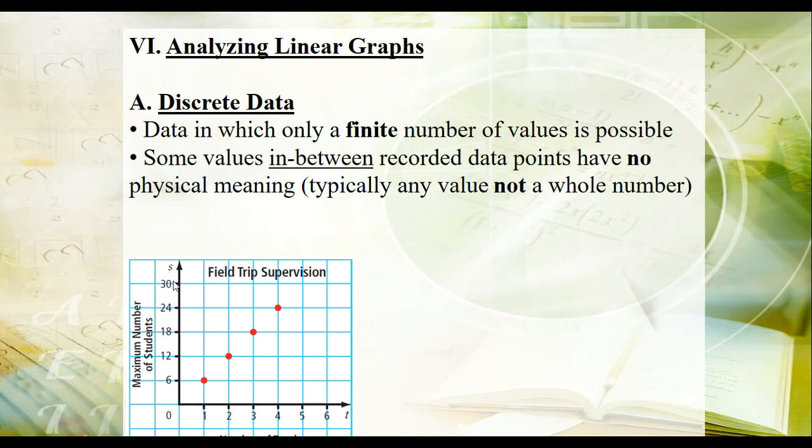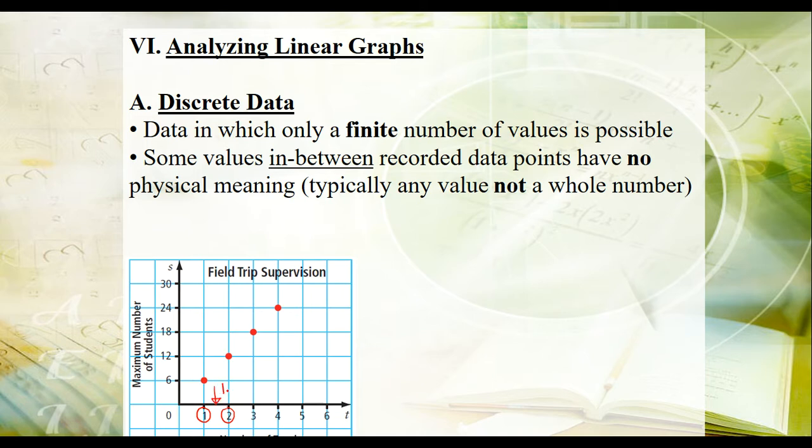So let's look at this graph here. On the x-axis, we have the number of teachers: 1, 2, 3, 4, 5, 6, etc. Now, discrete data tells us that if we look at in-between values, they have no physical meaning. So let's say here's 1 teacher, here's 2 teachers, and we looked at an in-between value right here.